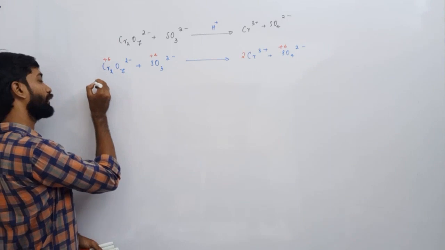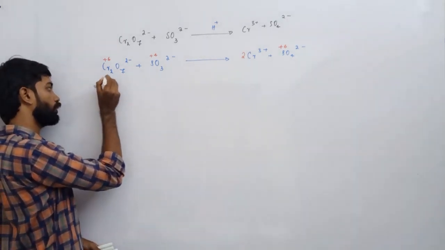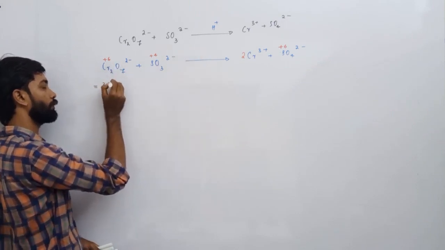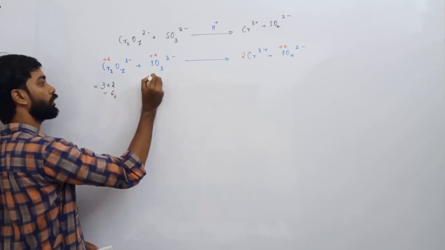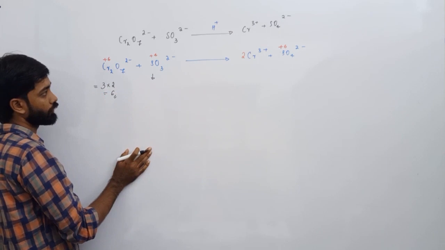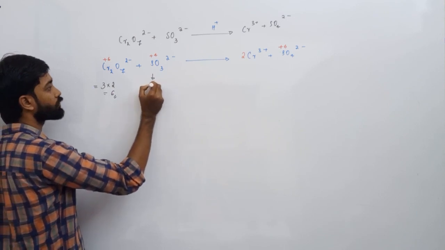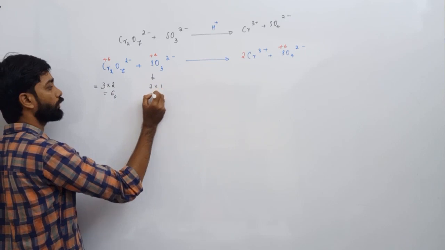Okay. Then find the number of electrons gained and lost. Gained electrons: the change in oxidation state plus 6 to plus 3, into number of atoms, that is 2. So gained electron is 6. What about the lost one? Plus 4 to plus 6, it is 2 into number of atoms 1.